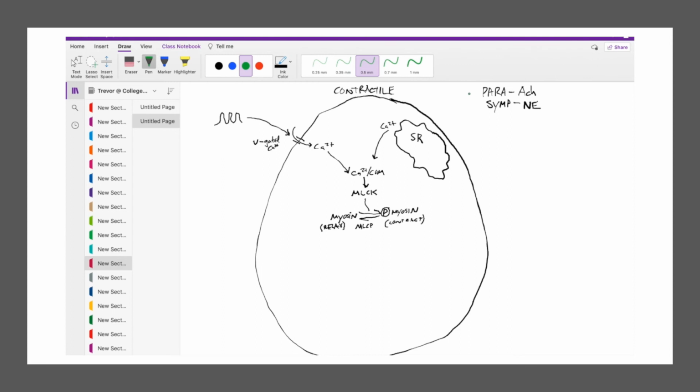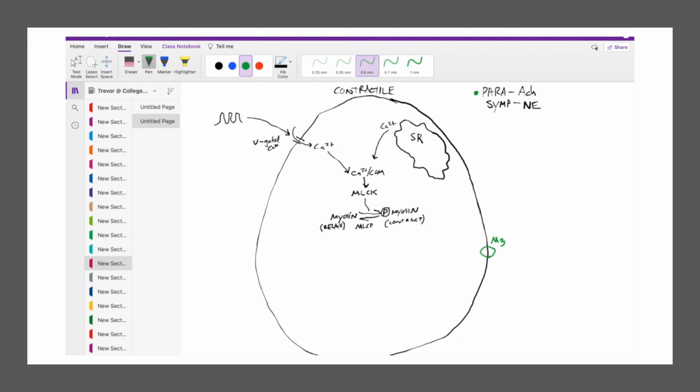Let's start by looking at the effects of parasympathetic influence on the contractile activity of the smooth muscle cell. So I'm going to draw this in green so we can keep it separate from our sympathetic innervation effects. We'll start with a specific muscarinic receptor, the M3, like muscarinic 3.